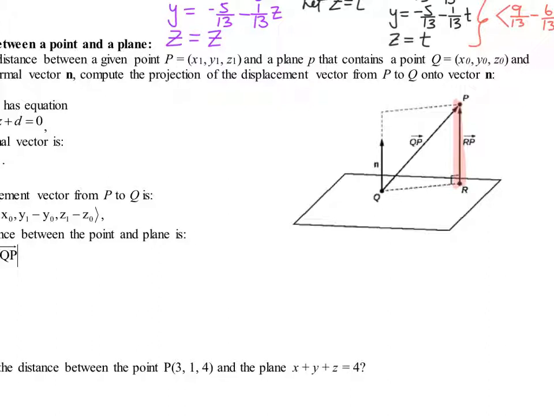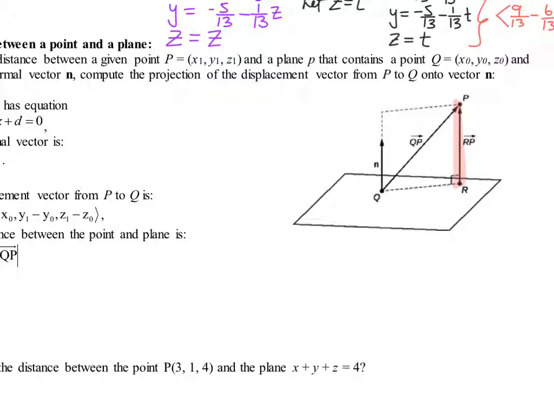Now my normal vector could be pinned at any point on the plane. It may not be anywhere near the point on the plane that's closest to the point in space. You might say, well, what's the point of having that piece of information?